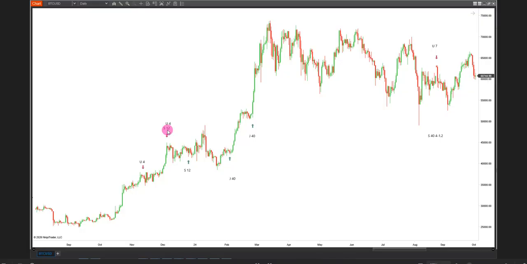Then this next Saturn 12 degrees is a low in a little consolidation area. Then we have Jupiter 40 at the low here, Jupiter 40 at the low here. Notice how we had really nice accelerations coming out right at or right behind those 2 time factor points.